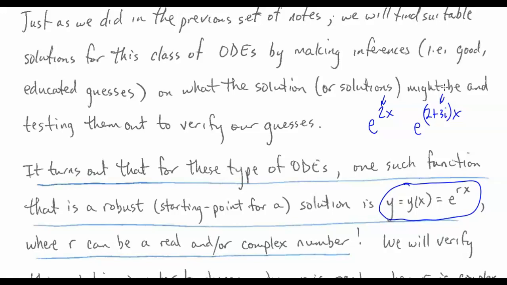Now, the process that I'm going to take you through is showing you how, if we were to use just a general form here, basically e raised to the rx, and find its first and second derivatives and plug them into a general second order linear homogeneous ODE, you will see that that function will satisfy it. However, you're also going to see that it will satisfy it given some kind of conditions.